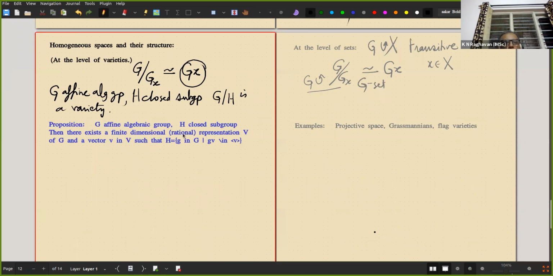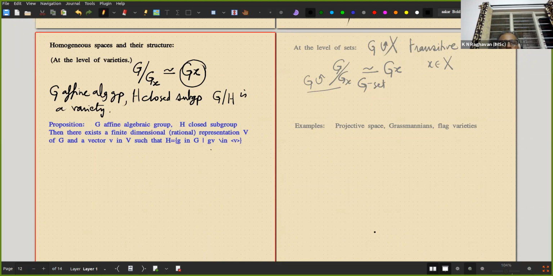And here is the important proposition which will help us do it. If G is an affine algebraic group and H is a closed subgroup, then there exists a finite dimensional rational representation V of G and a vector v in V such that this given subgroup is precisely the stabilizer of the line.